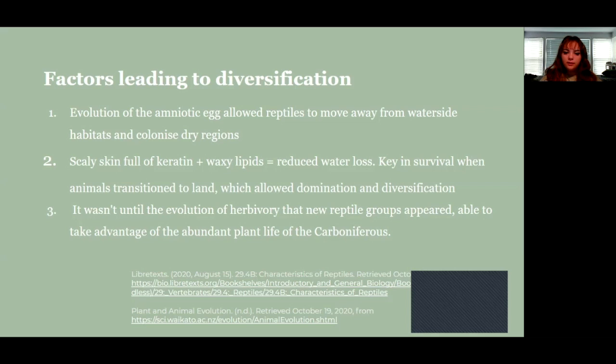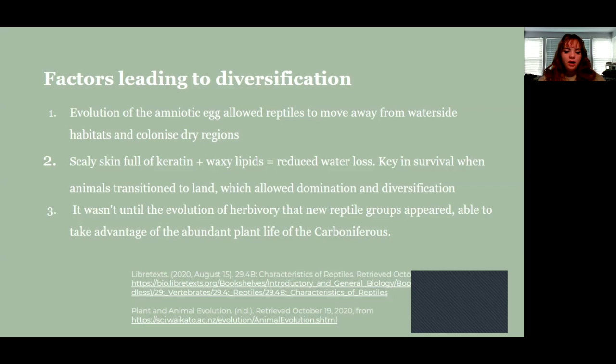They need to stay near the water to retain all of the moisture in their body because they don't have any sort of protective outer layer to keep it in. That's what reptiles and their scaly skin full of those waxy lipids and keratin did for them, and that allowed them to dominate and diversify over time.